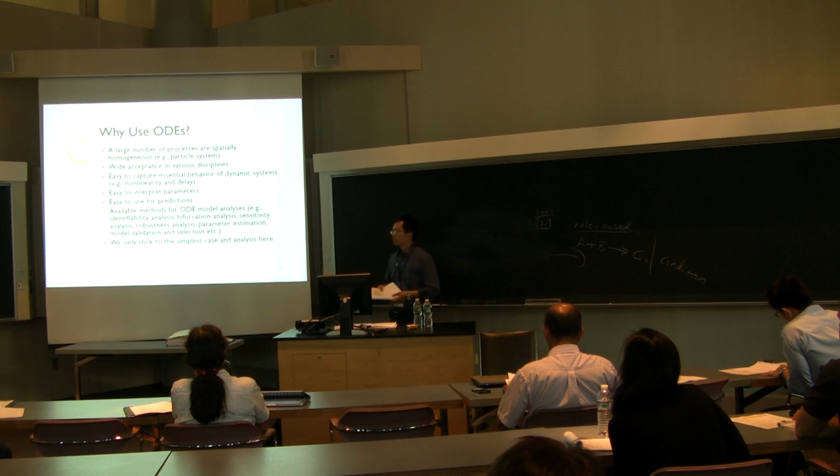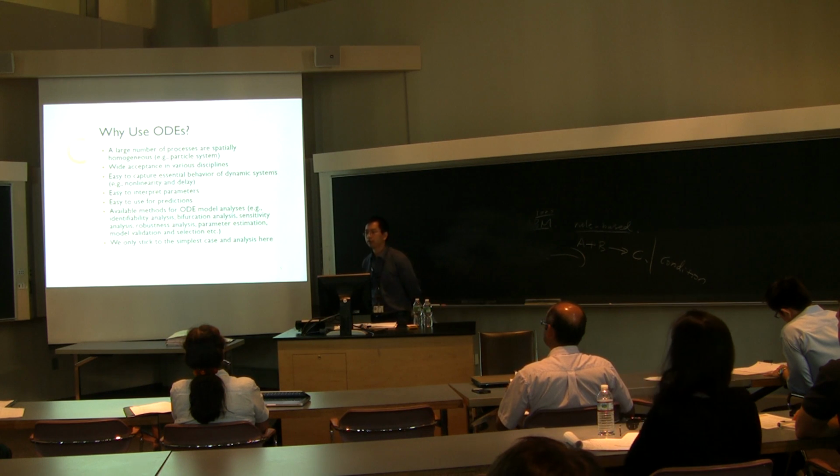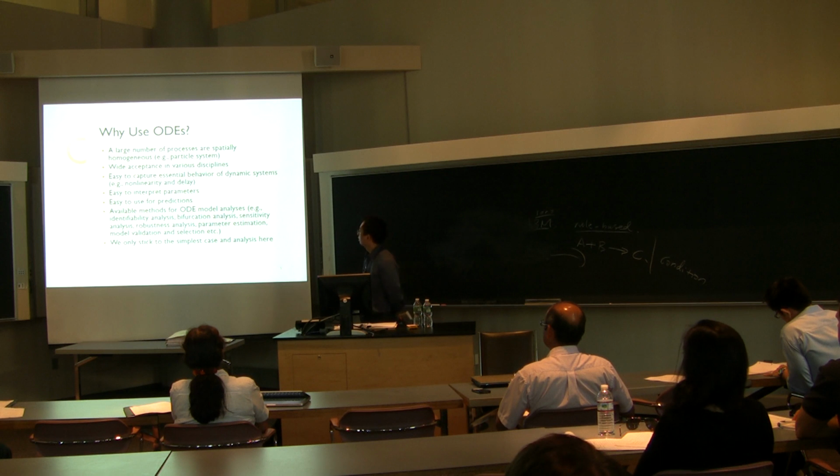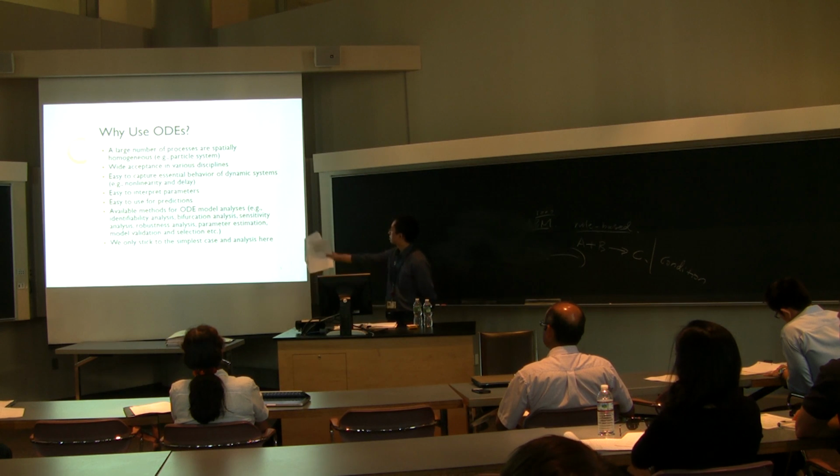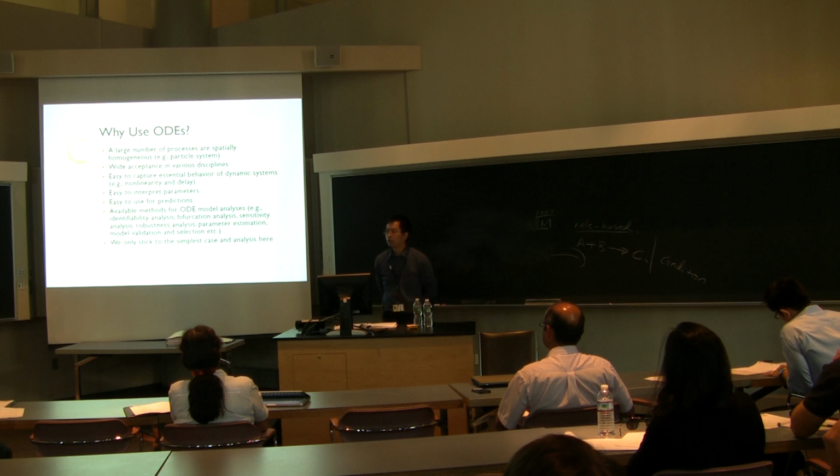Now, another reason to use ODE is that there are many available methods if you want to do a model-based analysis. I list some of them: identifiability, bifurcation, sensitivity, robustness, parameter estimation, model validation, and selection. If you use models a lot, you will get a chance to use all these techniques.